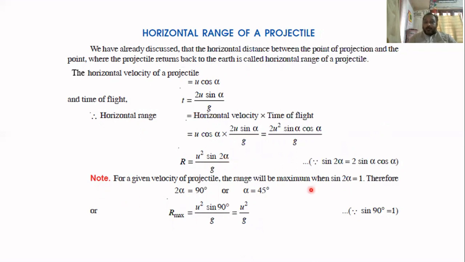For maximum horizontal range, sin 2 alpha should be maximum, because the only variable is alpha. For maximum, 2 alpha is 90 degrees and alpha is 45 degrees. So the maximum horizontal range is u square by g, as sin 90 degrees is 1.